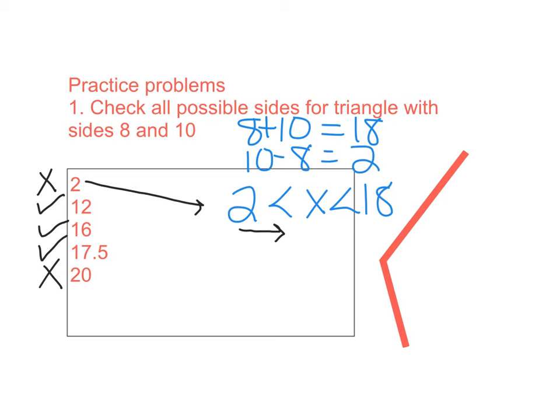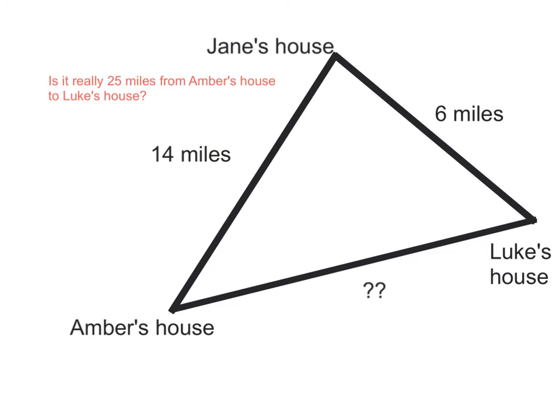When could we use this in life? Oh, I'm glad you asked. So here's a diagram that shows Jane's house, which is this vertex, Amber's house, which is here, and there's 14 miles between Jane and Amber's house. And then we have Jane's house and Luke's house, and there's 6 miles between Jane's house and Luke's house.